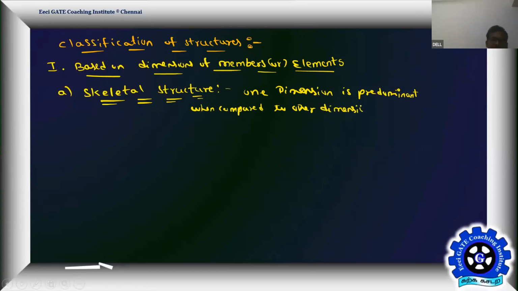If one dimension is predominant when compared to other dimensions, that is what we call basically skeletal structures.